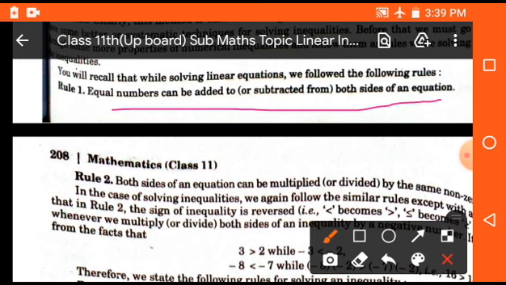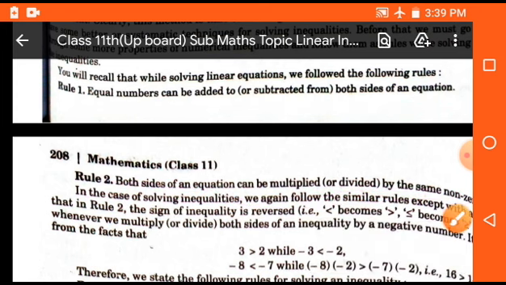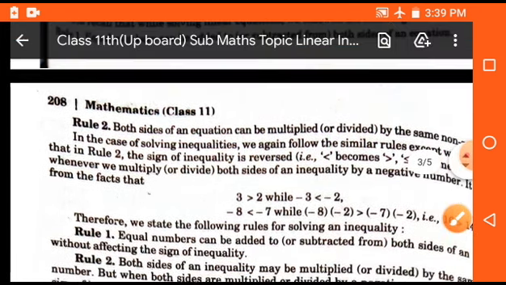The second rule is, both sides of an inequality can be multiplied or divided by the same positive number, and there will be no change in that inequality. This is the most important property of inequality.